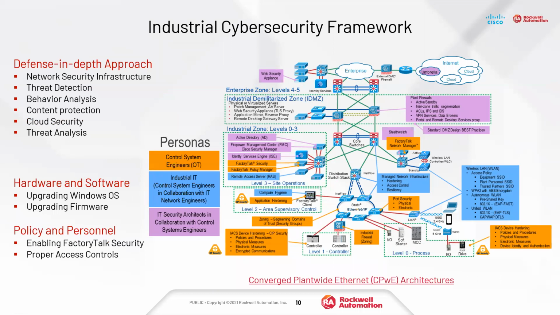So just as an overview, one big thing, again, on the Rockwell Automation side, we have plenty of documentation to get you started. Some of the key documents that we would usually touch on, we would look at CPWE. If you haven't heard that acronym from us before, it's the Converged Plantwide Ethernet Design Reference Architectures. We have multiple documents, probably about 30 to 40 different white papers at this point, all covering network, cybersecurity, traversing the IDMZ.